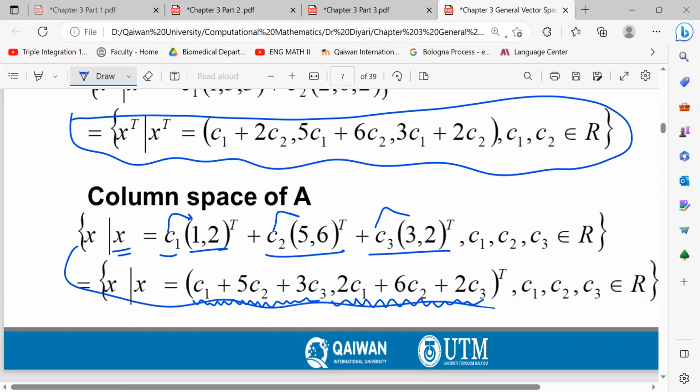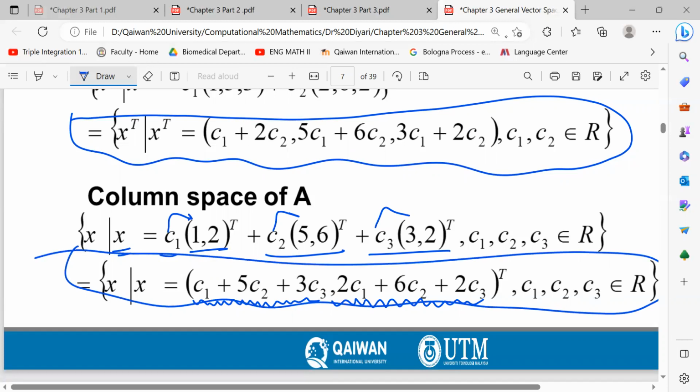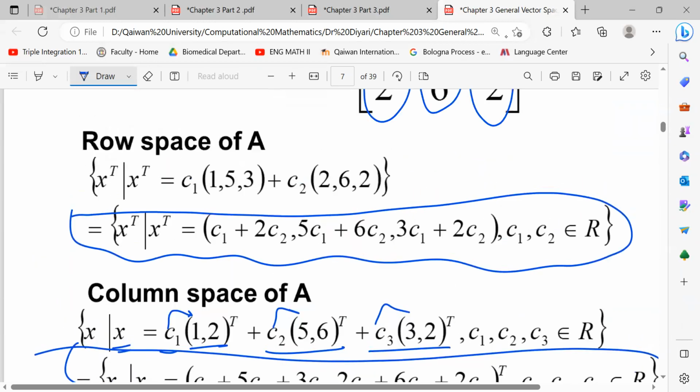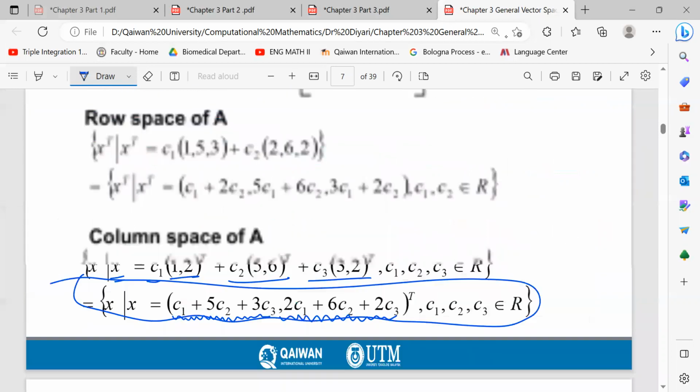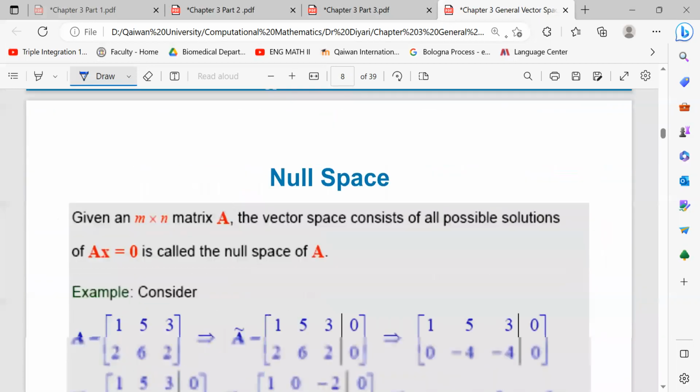This is called the column space of A. If we write it as a linear combination of the columns, it is the column space. But if you write it as a linear combination of rows, we say it is the row space of A. That is the definition of row space and column space.